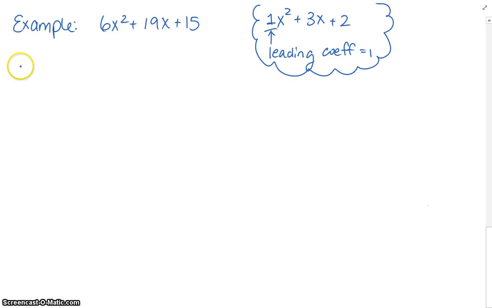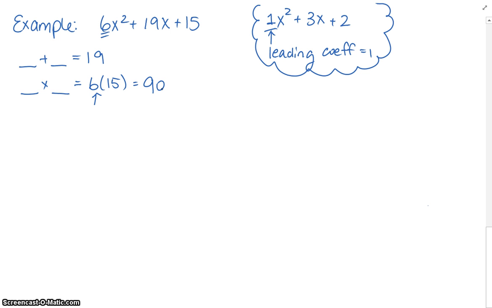In order to do that, we need to find something that's going to add up to 19, which is our middle term, but it's also going to multiply to not just 15 this time, but 6 times 15. So we have to use our leading coefficient to help us figure out what that's going to be. In this case, 6 times 15 is going to equal 90. So we need two numbers that are going to multiply to 90 and add up to 19.